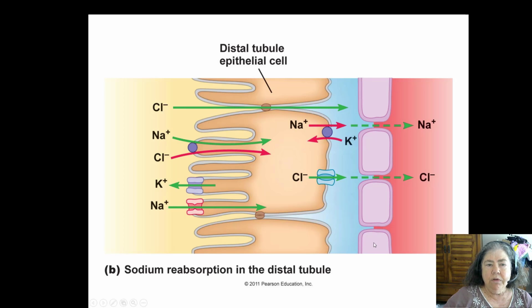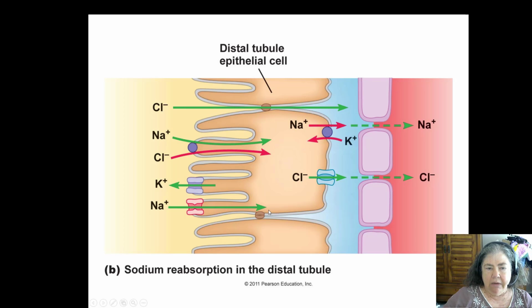And here we're seeing a couple of those mechanisms. This is about sodium reabsorption. So you remember basilar surface, apical surface, sodium-potassium ATPase, working hard everywhere at the basilar surface. We also have some chloride ion channels. In the lumen, we have an exchange of sodium and potassium ions.